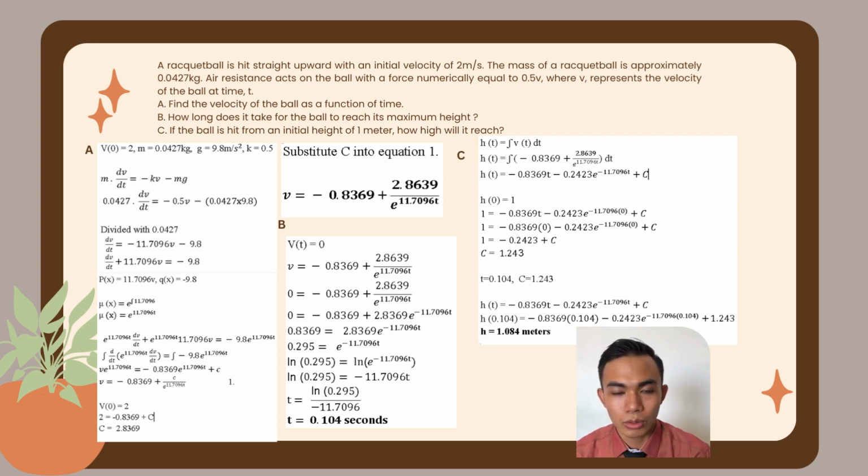So put it into the equation: m dv/dt equal to negative kv minus mg. After we substitute into the equation, we get the solution.